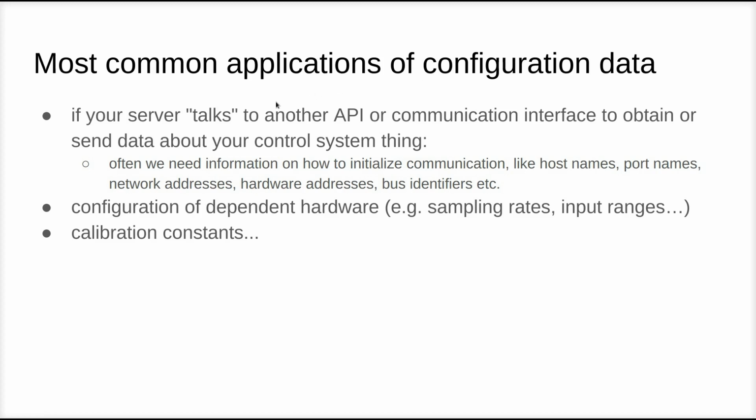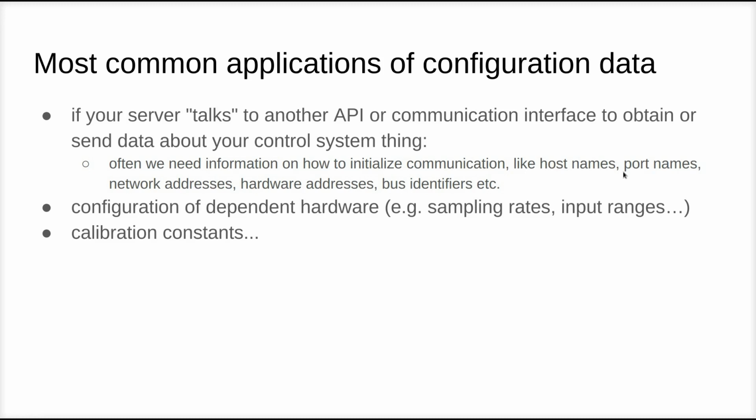Now, quite often we'll see the situation where we use another API or another communication interface to obtain or send that information, and therefore quite often we need to have the information which is mandatory to initialize that API or communication. So if we have a server that communicates over network to talk to some device or whatever it is, we might need to have a host name.